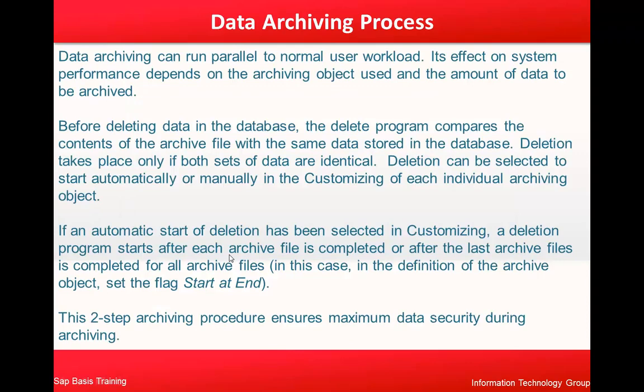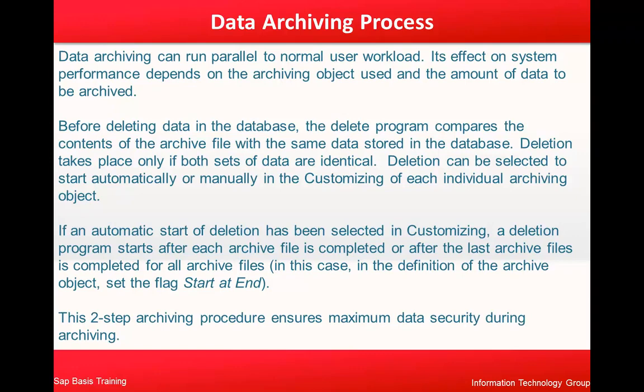I'm just explaining what happened in the previous slide. Data archiving can run parallel to normal user workload. Its effect on system performance depends on the archiving object used and the amount of data to be archived.